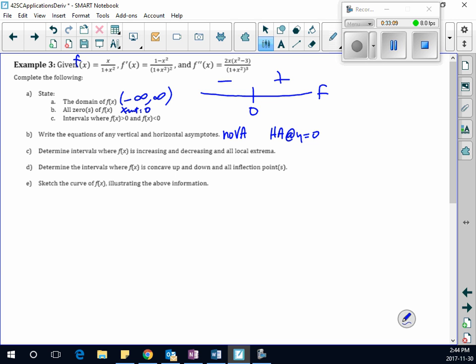Okay, intervals where it's increasing and decreasing, so I'll do an f prime graph. What do we get there? What do I put on there? Plus or minus 1, yes. That's when the top is 0. Can you get a bottom 0? No, you cannot.